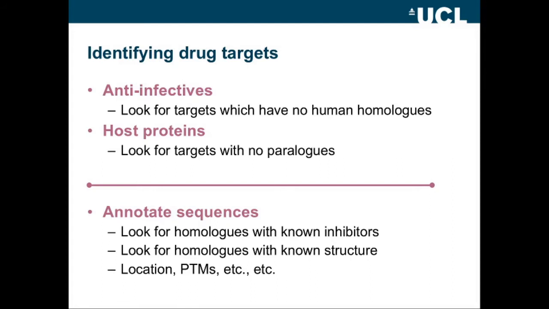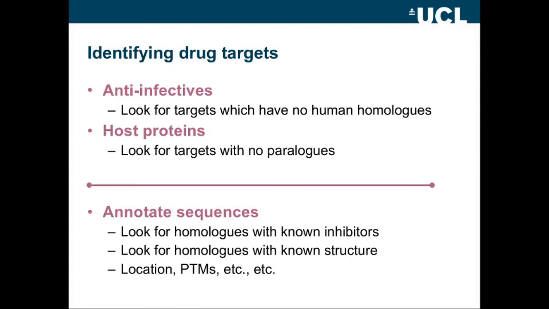Depending on the type of disease that you're targeting, the approach to identifying drug targets may be somewhat different. So if you're trying to design an anti-infective, in other words, something that's going to kill a pathogen, then you want to look for targets which really have no human homologs.